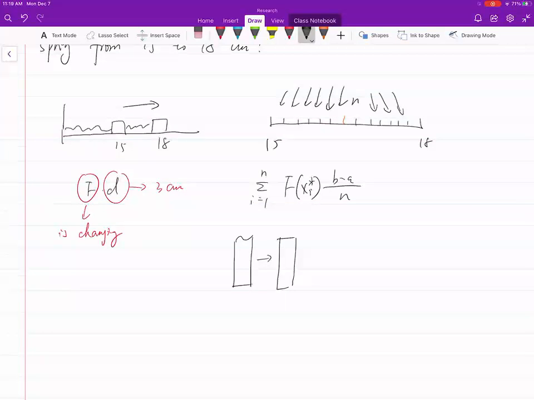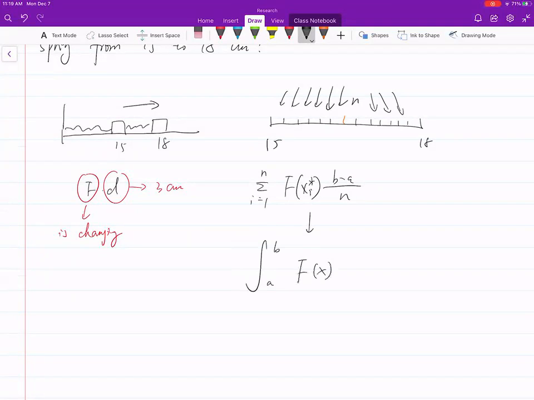Sounds good? So with that in mind, we have the new formula. That is integration from a to b, f, which depends on x, dx. You just sum all the works together.